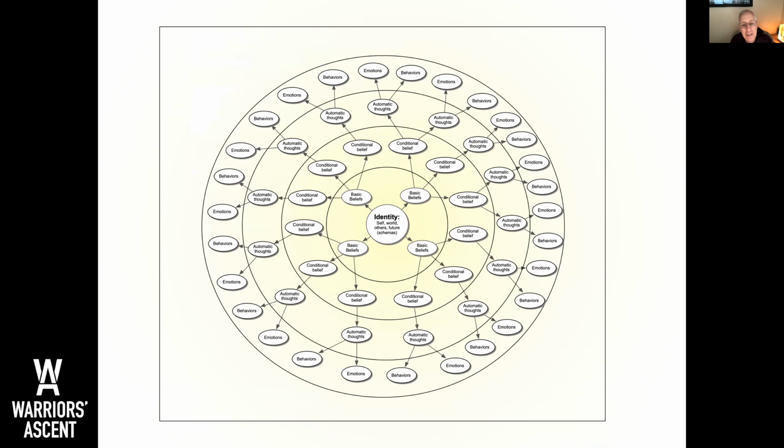This was intended to show you how complex a person's identity is. People in the middle there, the identity involves how you view yourself and the world and other people and your future. Sometimes they're called schemas. Schemas and identity and self, they're all basic beliefs that when they get triggered, they're conditional beliefs.